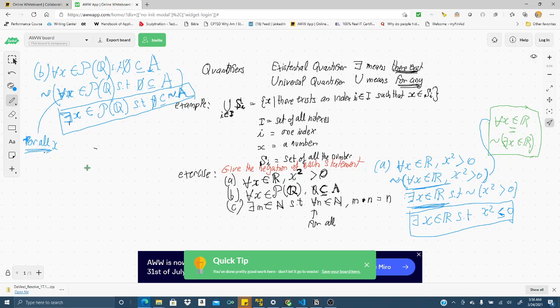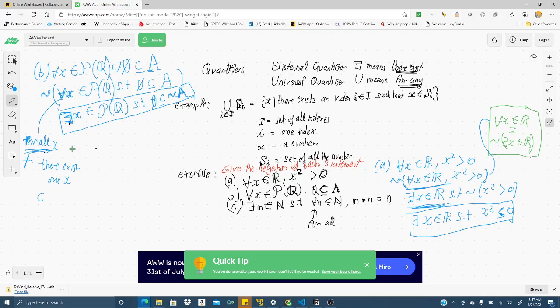So if it's not for all, it will be the opposite. Therefore, one is not the same as the other, which is why they're exactly the opposite.